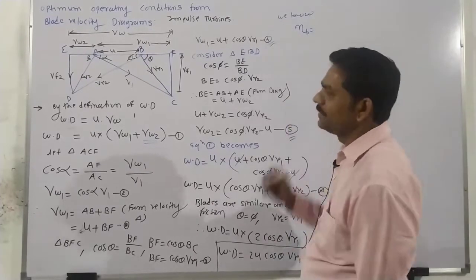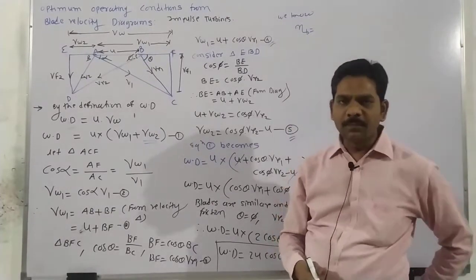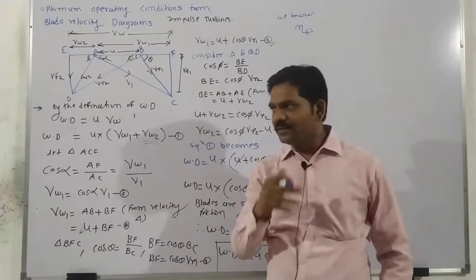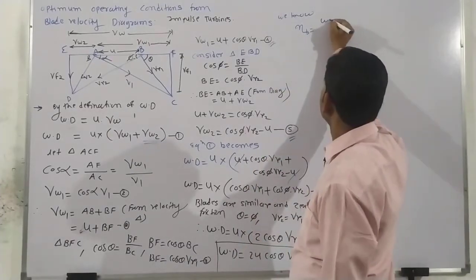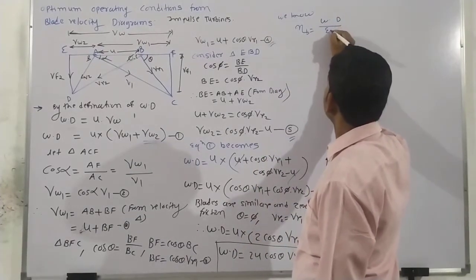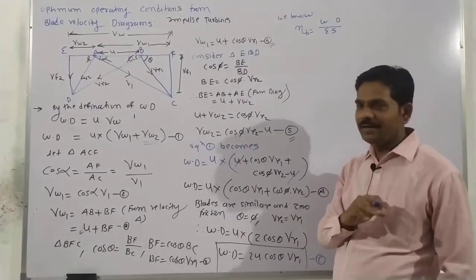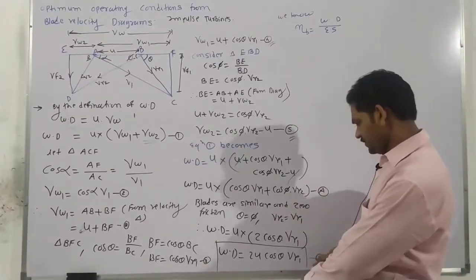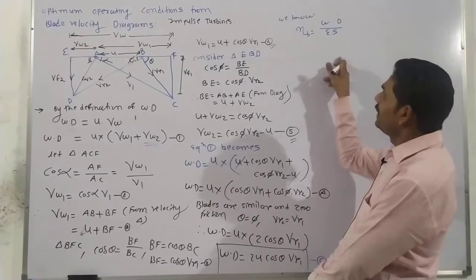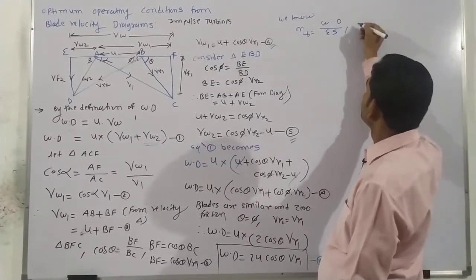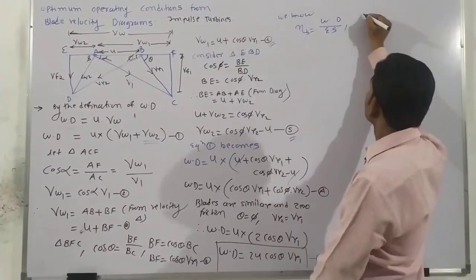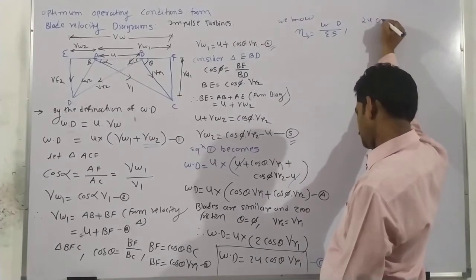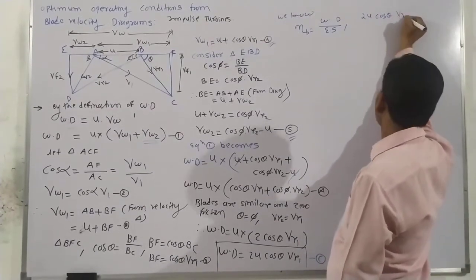NB is equal to output upon input, meaning work done upon energy supplied. Work done upon energy supplied is nothing but the blade efficiency. So just put in the values of work done and energy supplied. How much work done? Twice U cos theta VR1.